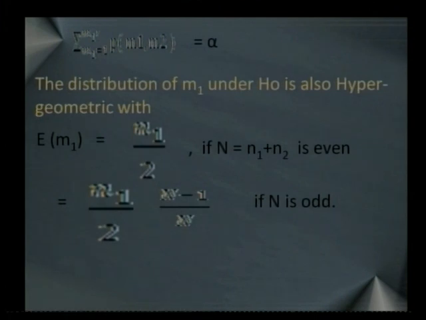When we applied the sign test, as you would know, the probabilities of success and failure were equal, so at that time we applied the binomial distribution.